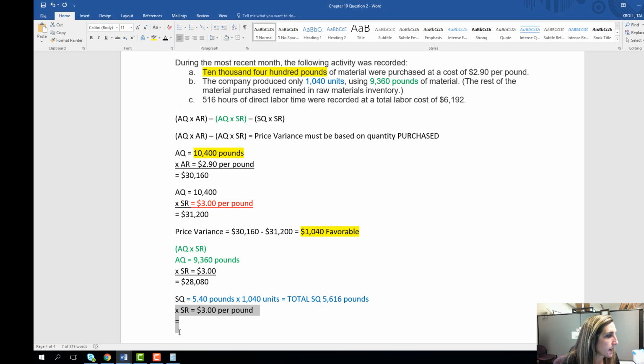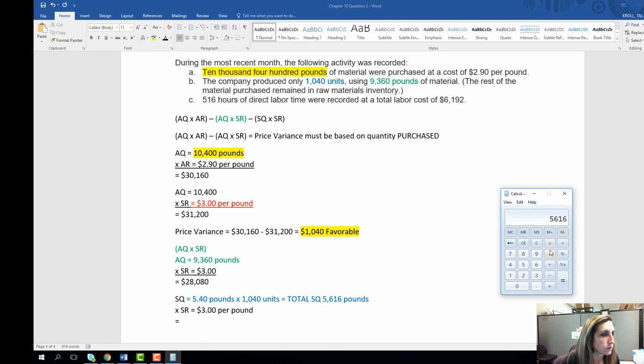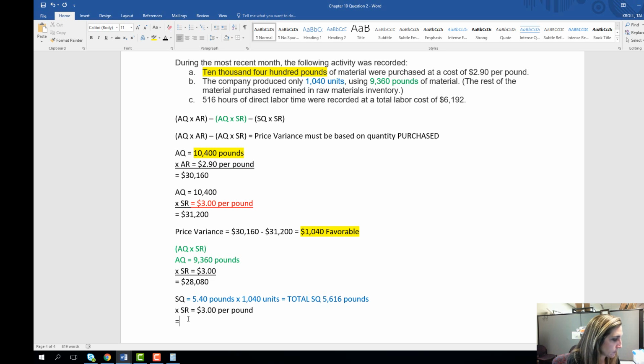And it's going to say I should have incurred $16,848 in standard. Total standard quantity times the standard price.